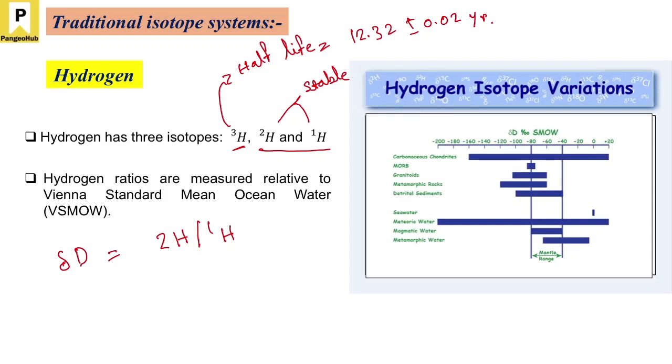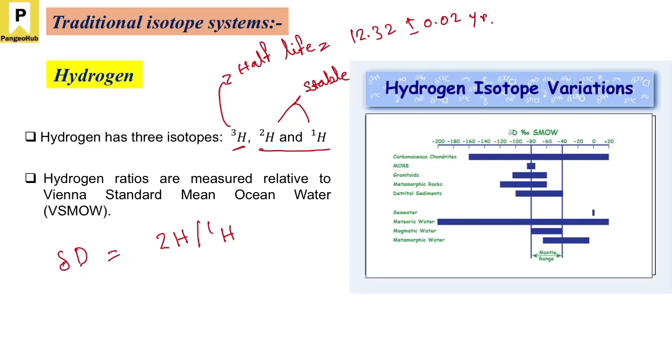Then we can know about mid-ocean ridge basalts, some granitoids, some detrital sediments, which also captured this hydrogen isotopic composition as it varies from minus 100 to minus 40. So we can study a huge amount of things.